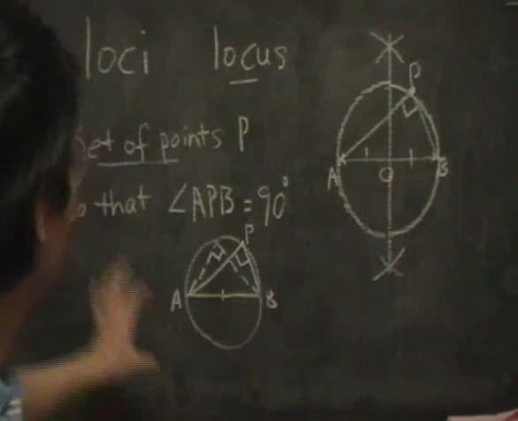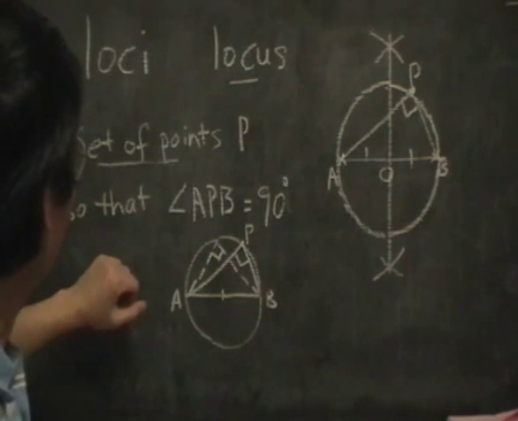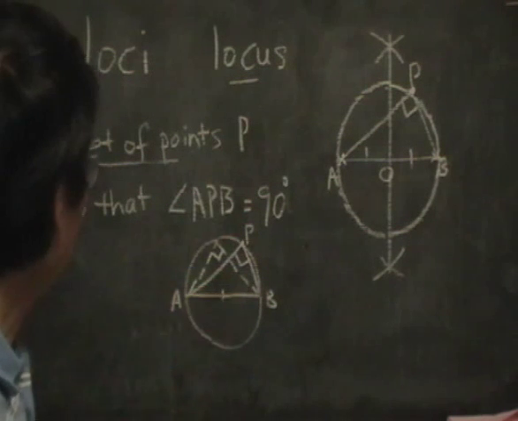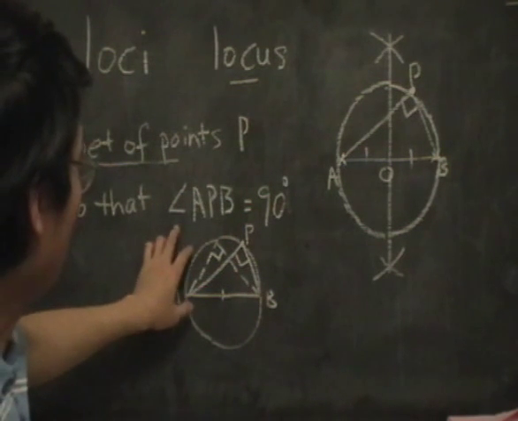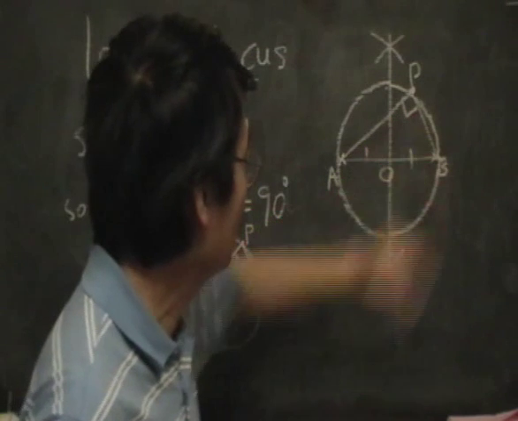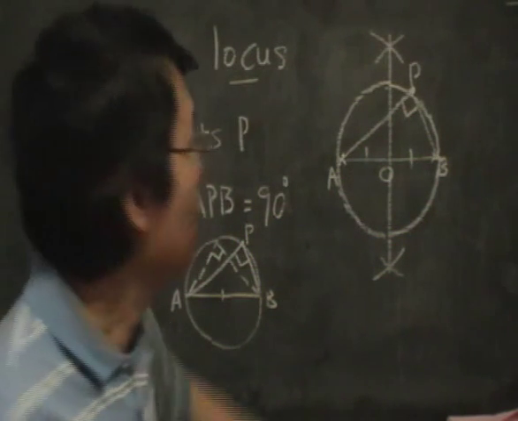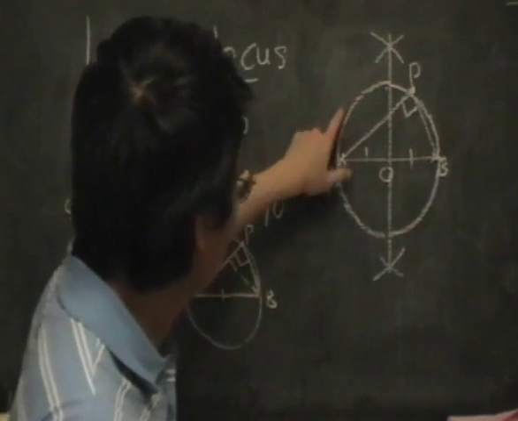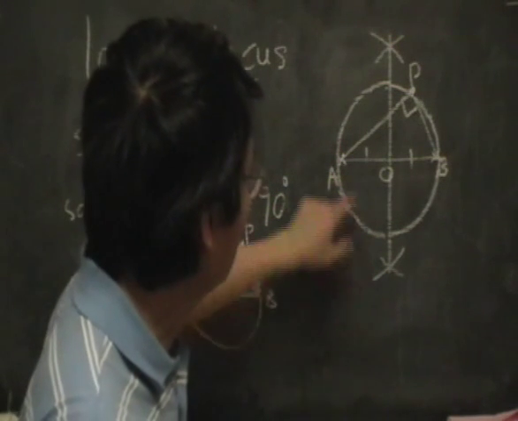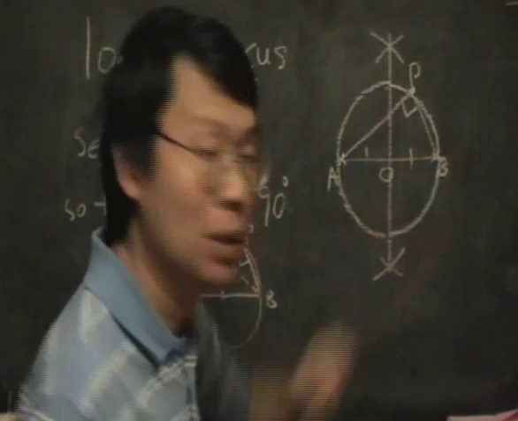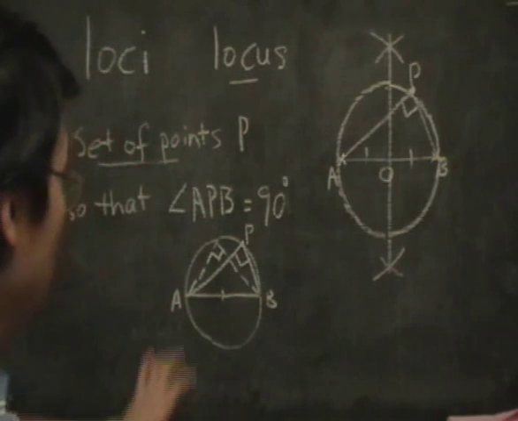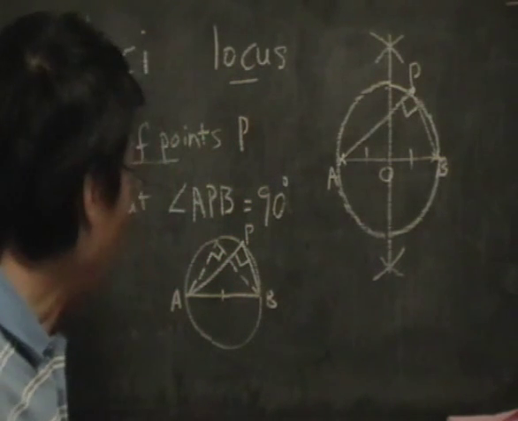So this is our locus. It's a locus of the points P, so that this angle APB is always 90 degrees. So if you move P around to any point on this circle, the angle made by APB would always be 90 degrees because of this property of angles in a circle.